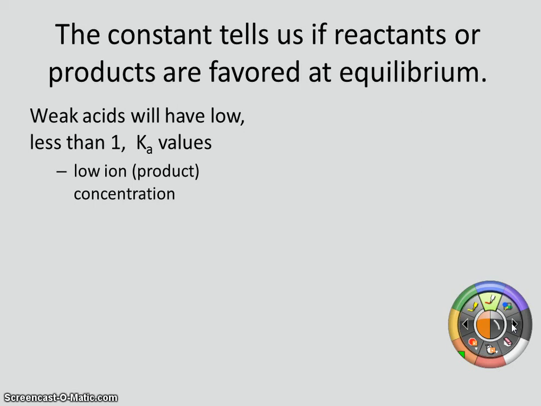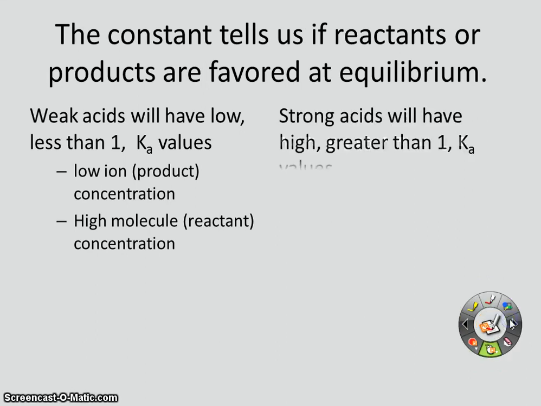So remember, our ions were in the numerator, the entire acid was in the denominator. You have a small number over a large number in a ratio. It's going to give you a value less than 1. You have a high molecule or reactant concentration. That's your denominator. So weak acids, less than 1, not a lot of ions.